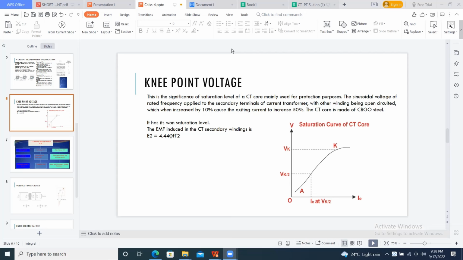Not much margin; a basic margin should be there, and if you satisfy that condition, it is sufficient. If 100 amps is flowing on the secondary, think about the relays connected on the secondary side. That is one more important point to be noticed.